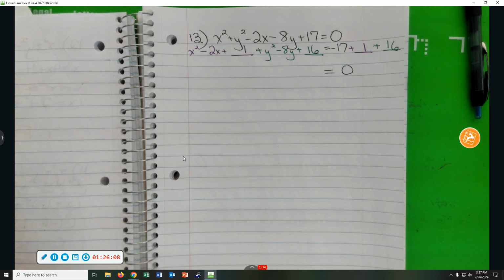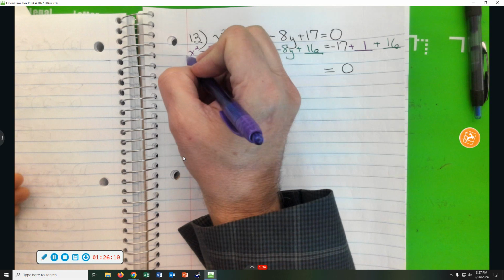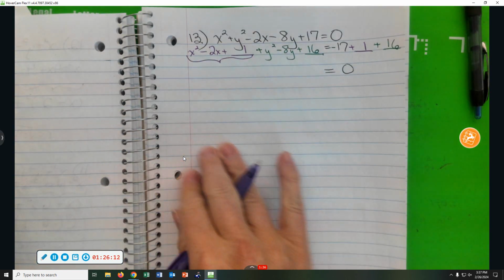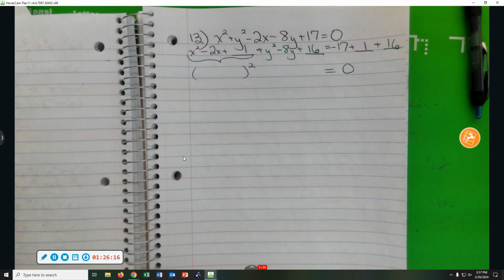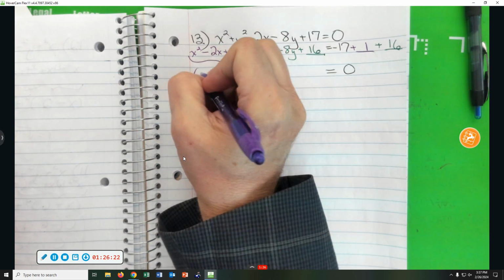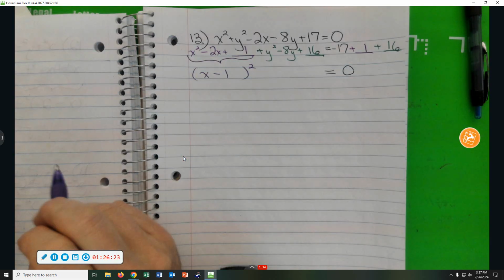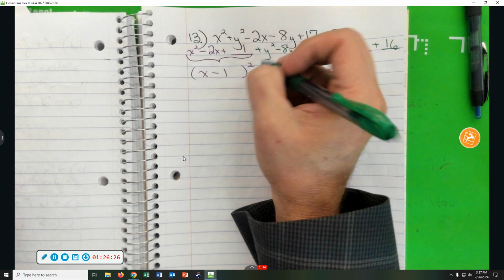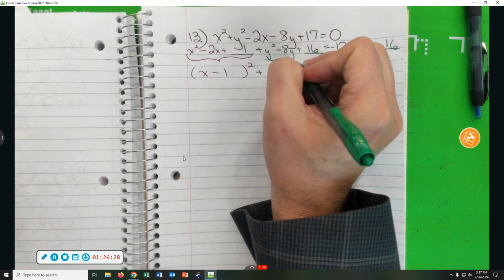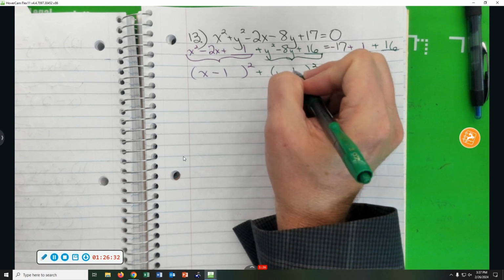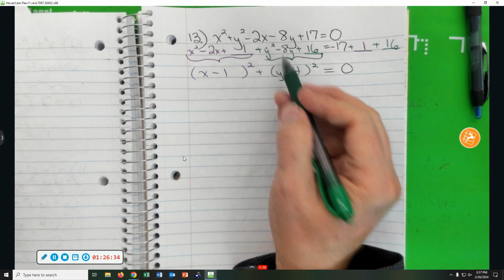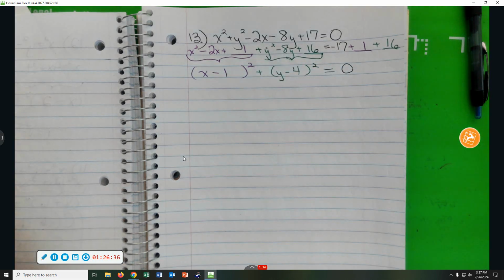Let's go ahead and factor. I hate to just stop at this point. Well, this way you at least know, they don't ask, but you'll know what the center point is. What will I have inside the parentheses? X minus 1, quantity squared. Now the green parentheses: y minus 4, variable, sign, half of that number.